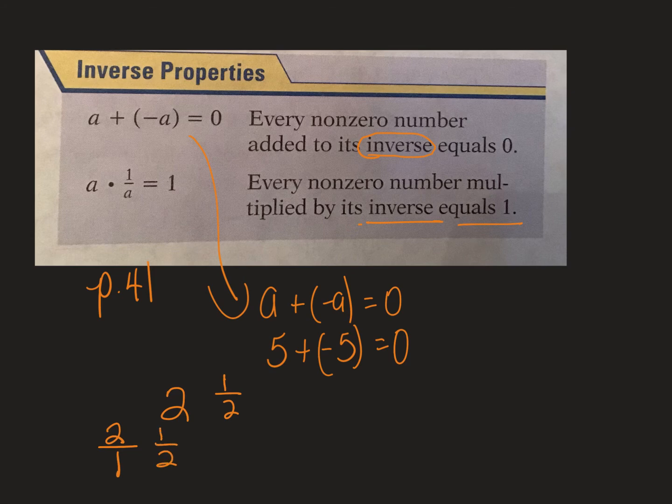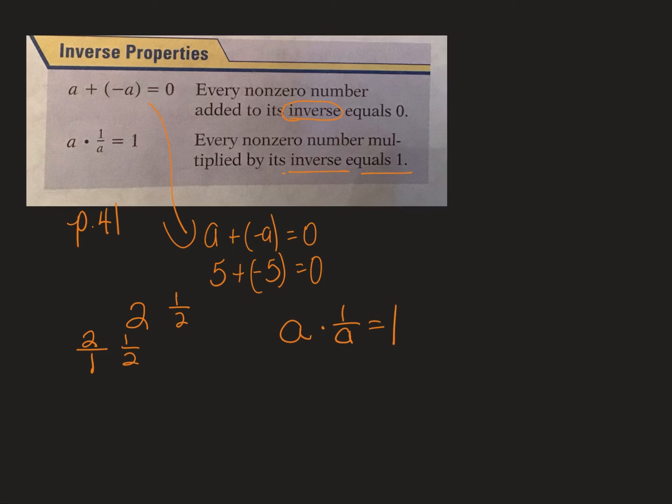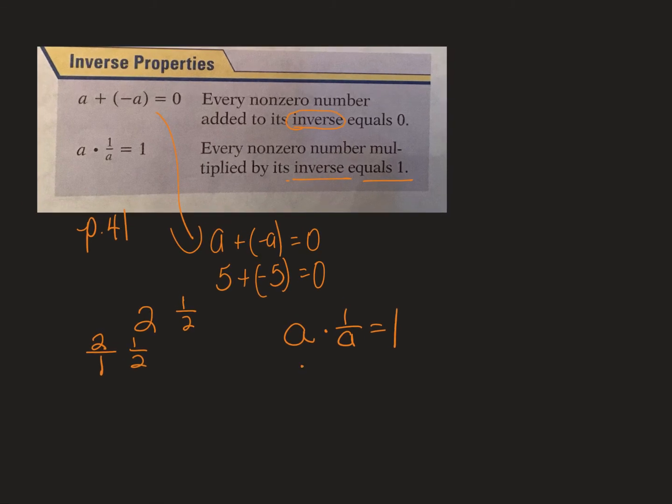So A times 1/A equals 1. An example of that would be 2 times 1/2 equals 1, because when you put this over 1, you multiply 2 times 1 is 2, 1 times 2 is 2, and 2 divided by 2 equals 1. That's your inverse property. So you're using the inverse operation.